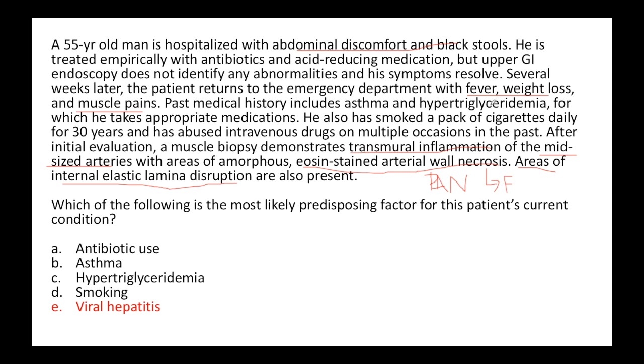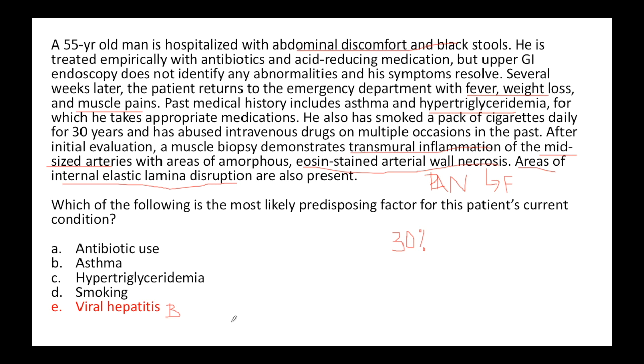Yeah, so we have our general symptoms, our abdominal pain, our melena, asthma, hypertriglyceridemia, etc. So these are all a few signs that will point to the diagnosis of polyarteritis nodosa, and with PAN, what we can note here is that in about 30% of patients, it is associated with hepatitis B surface antigen.